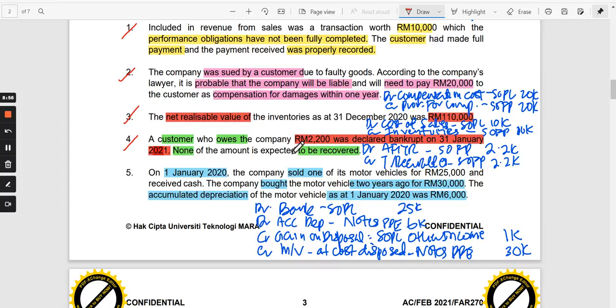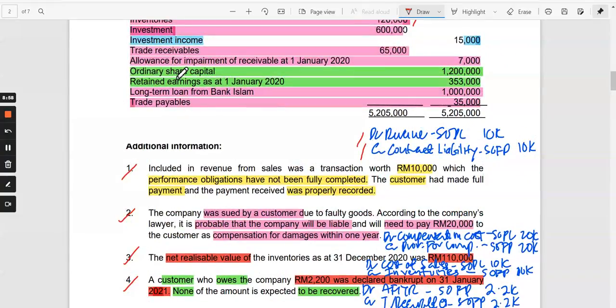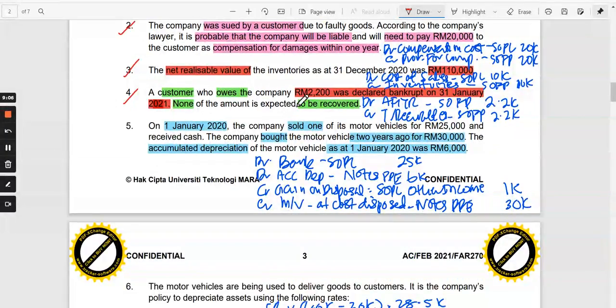Why? The company has already provided some allowance for impairment of receivable, right? Therefore, this has to be adjusted. You need to go and write off the customer as a bad debt. If you write off as a bad debt, debit allowance for impairment of trade receivable in the SOFP, 2,200.